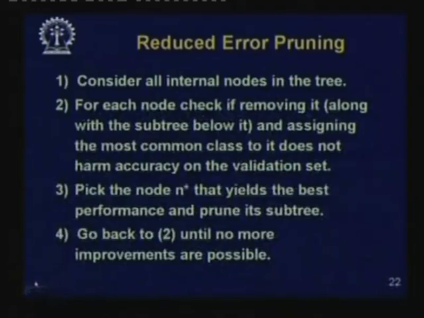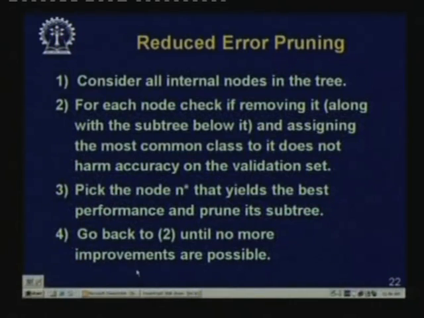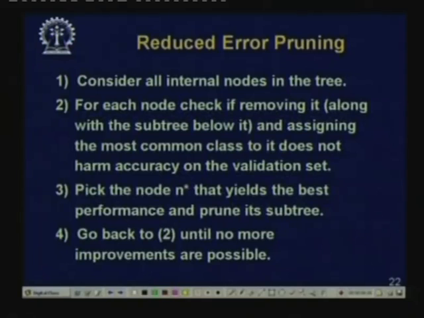In reduced error pruning, we first grow the tree and then we do the following. We consider all the internal nodes of the tree. For each node, we check if removing it gives us any advantage in accuracy. So we consider all internal nodes in the tree.